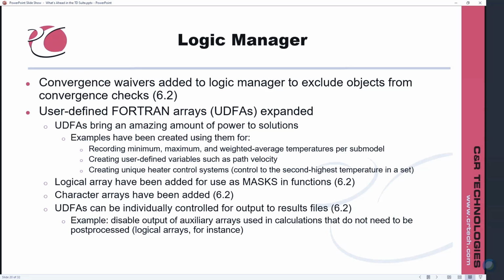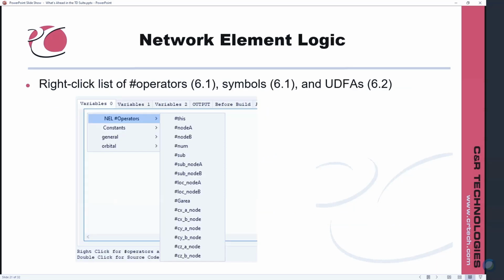And we're adding character arrays as well to the user-defined Fortran arrays. And then UDFAs can be individually controlled for output to results files. So just a checkbox that says include this in the results, or you can clear it to not include. So you might be using a logical array to do some calculations, but you don't want that taking up space in your results. So you can exclude it from your results.